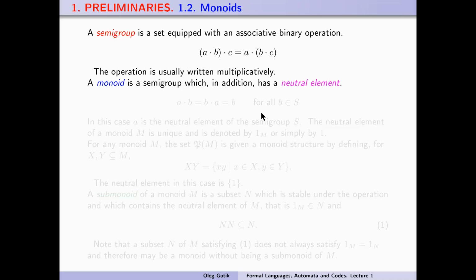What is a monoid? A monoid is a semigroup which, in addition, has a neutral element or a unit element. What is a unit element?